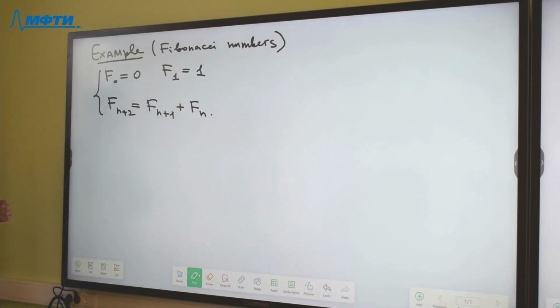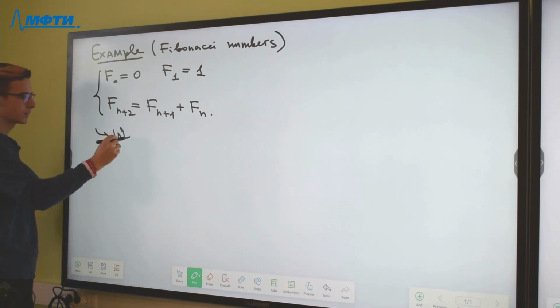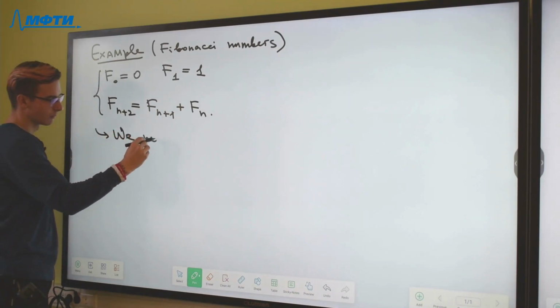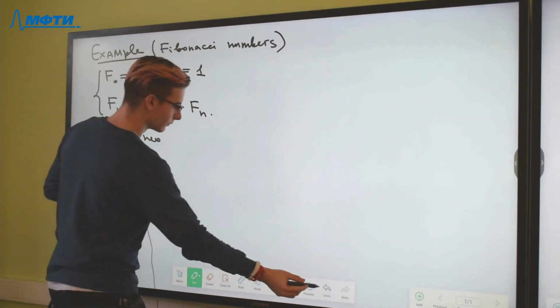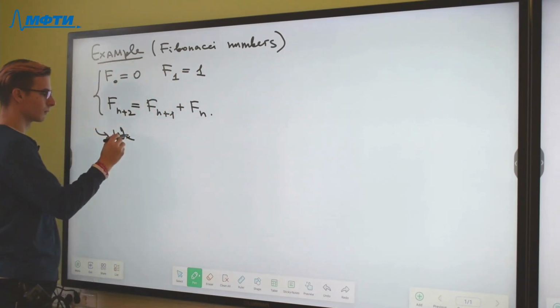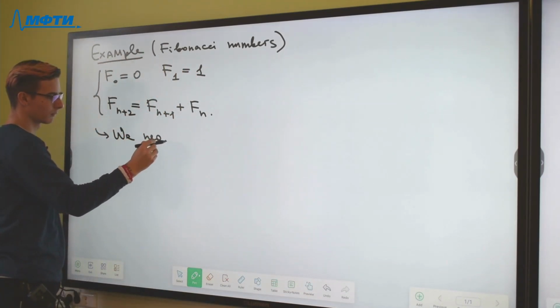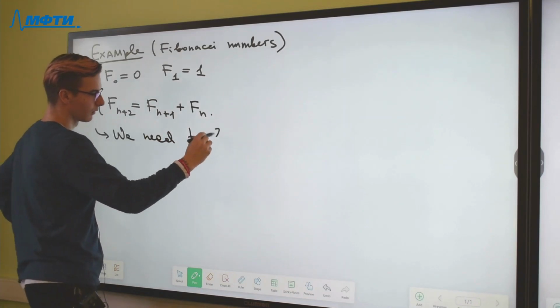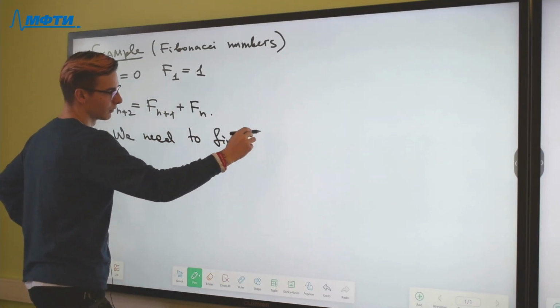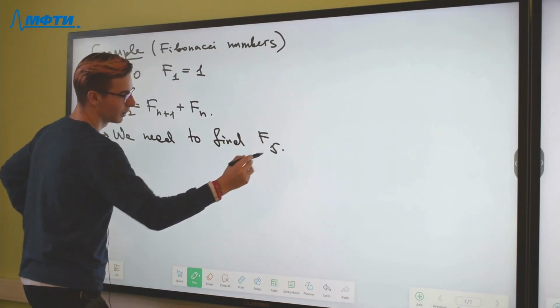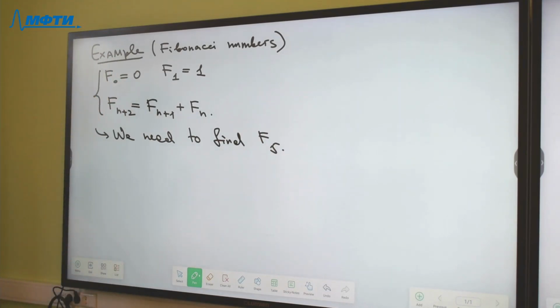So, for example, we need to find f with index 5. How can we find it?